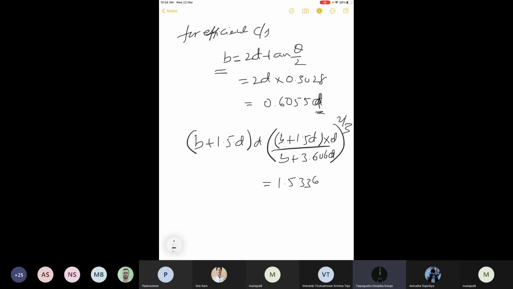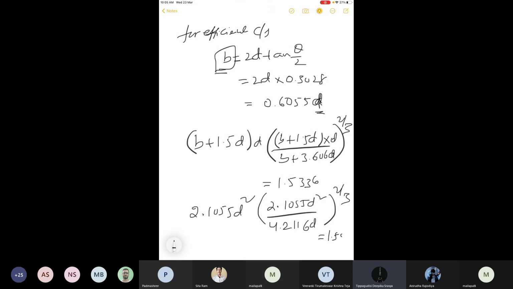Now I substitute for B in terms of D. If I do, I get 2.1055 D square divided by 4.2116 D, all to the power 2 by 3, which is equal to 1.5336.